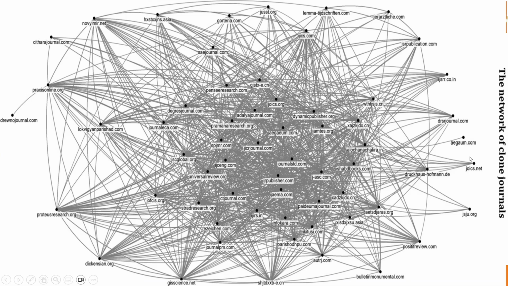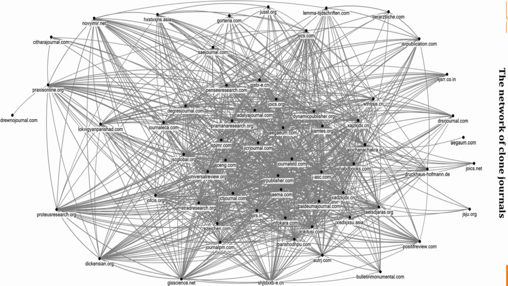Whatever I have talked about, the Ozium journals and a few other different journals, these are the different websites for the cloned journals, and their relationship has been established. The graph has an average degree of 33.8. It means one cloned website is related to 34 other cloned websites.